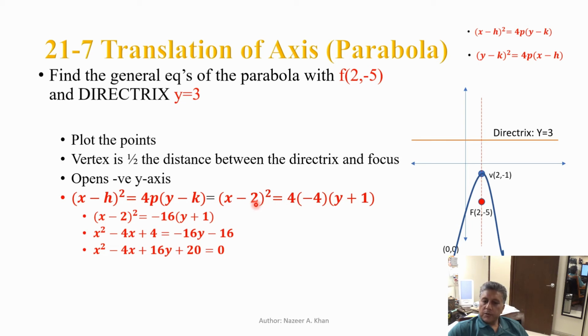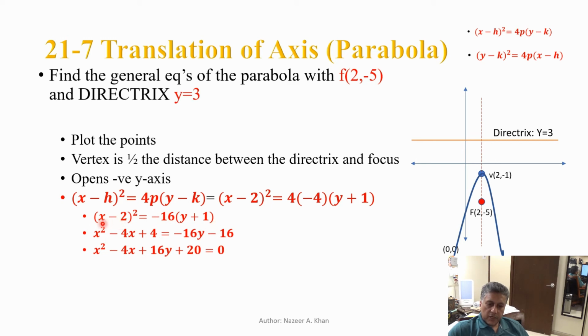The +2 becomes -2, and the -1 becomes +1. We also know that P is this distance here. We calculated it already. We know it's 4, and it'll be -4 because it's going from the vertex to the focus. It'll be -4. So you plug that in there. This will be -16, and there it is.